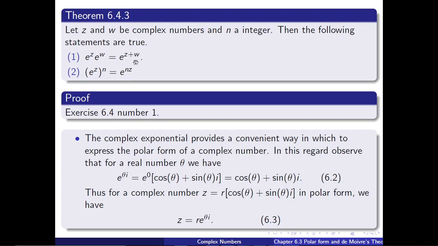And so these properties, we know that they are true for real numbers, and theorem 6.4.3 says that they are also true for complex numbers, and the proof is left as an exercise. That's exercise 6.4 number 1 in the textbook, right?